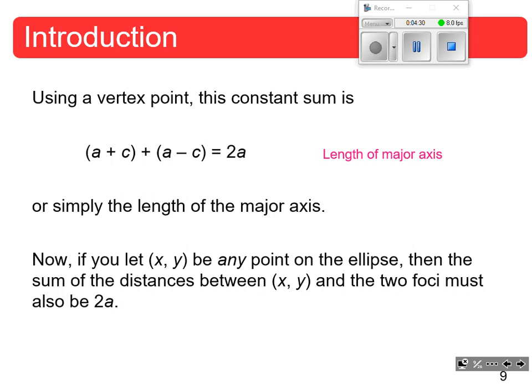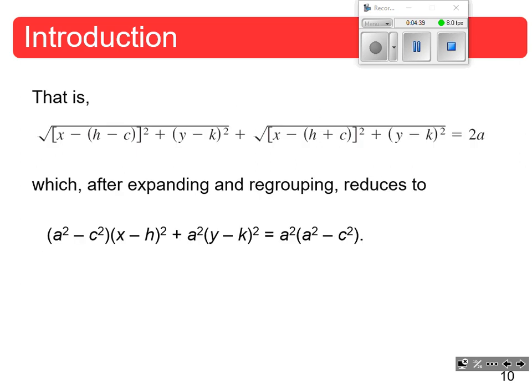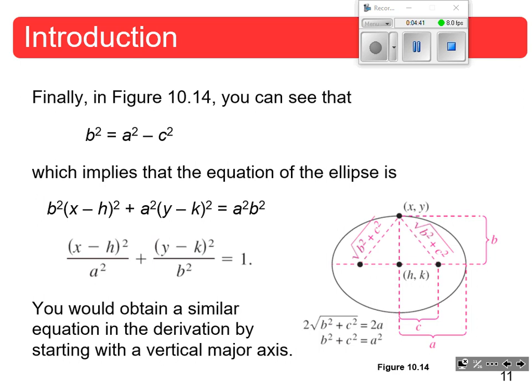Using the vertex points, this constant sum is a plus c plus a minus c, which is equal to 2a, the overall length. We get this equation here, we can work through. But really, our overall formula is what's important: x minus h squared over a squared plus y minus k squared over b squared is equal to 1.